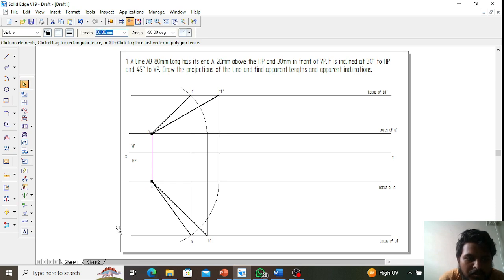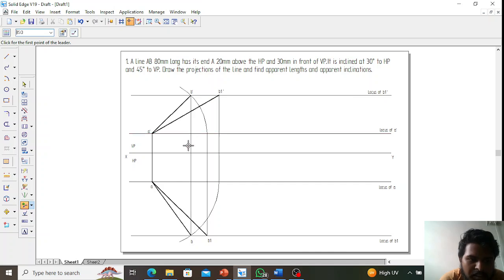Now we will show the arrows using the leader option. So we have drawn this line first, now it's going like this, so we will put the arrow here, and one arrow from here to this one.